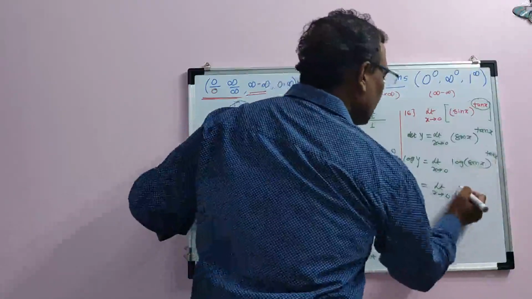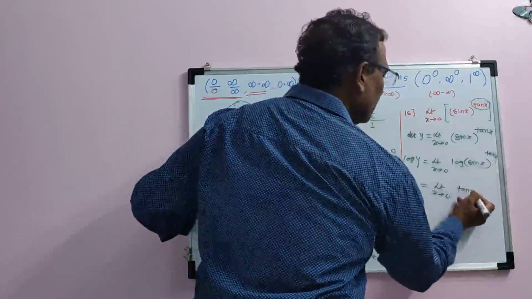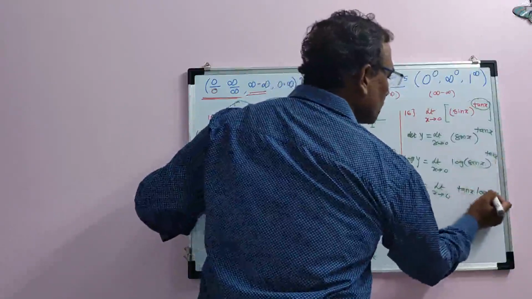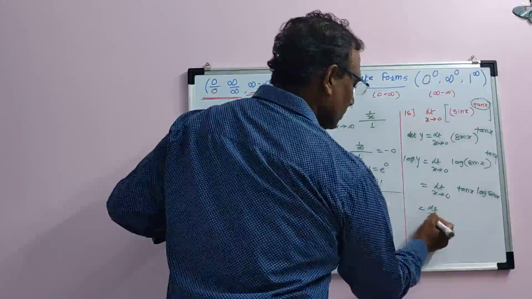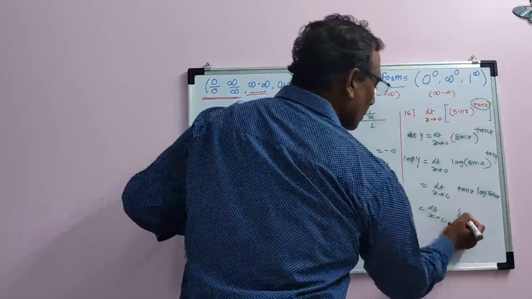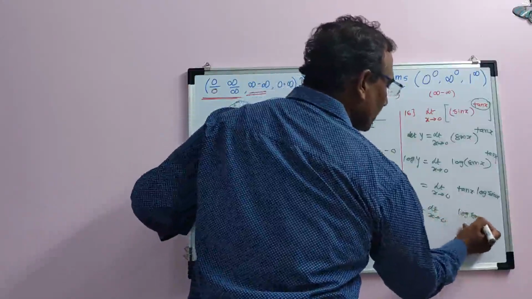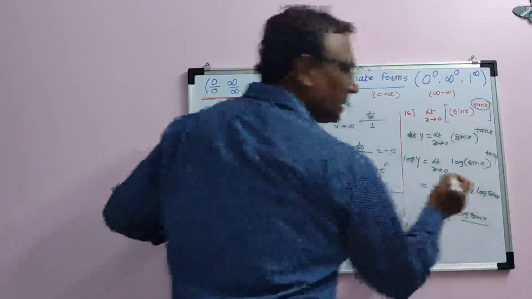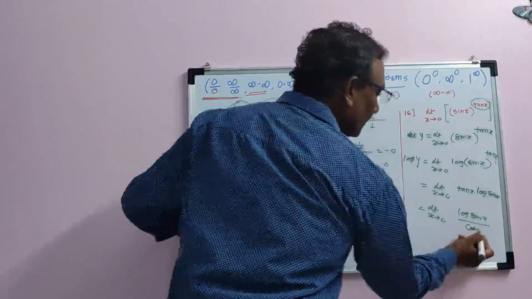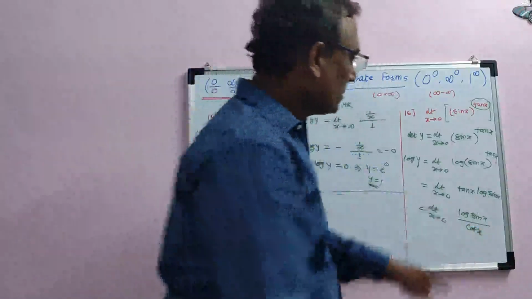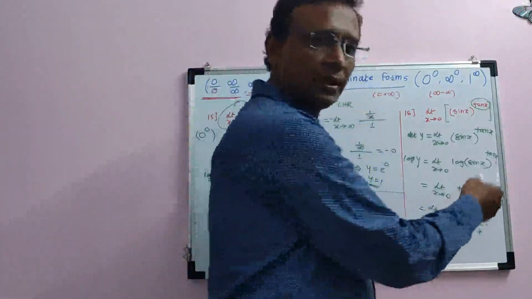By the law of logarithm, I am bringing tan x here in the coefficient place of log. The limit x tends to 0, log of sin x, and tan x is there in the multiplication. We can write here like this, cot of x. Okay, this is 0 into infinity form again.